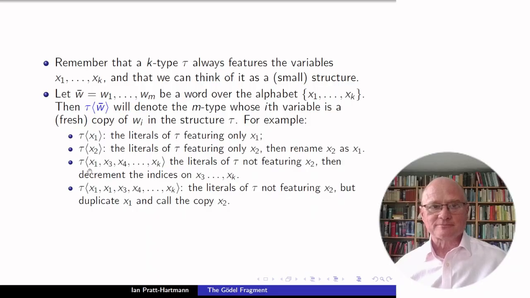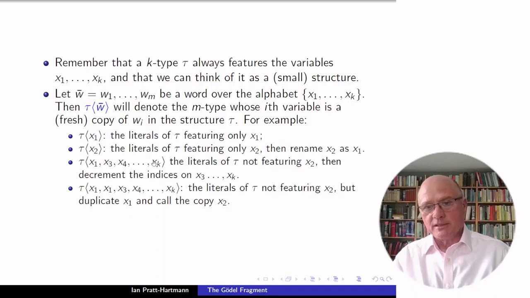Next example, Tor x1, x3, x4, and so we have x1 and then a contiguous sequence from x3 to xk. So this has k minus 1 variables here, so it is a k minus 1 type, and it will therefore be a set of literals in the variables x1 to xk minus 1. Which ones?